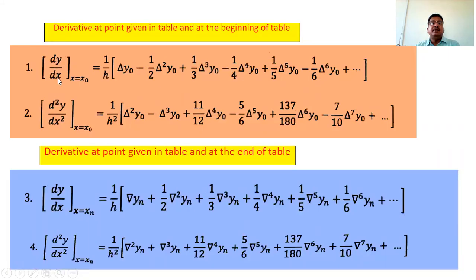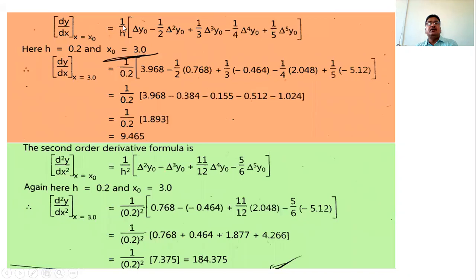Dy by dx at x equal to x naught is 1 by h times these terms, with plus and minus signs alternating, written up to delta raised to 5 y naught. So write here 1 by h [delta y naught plus 1 half delta square y naught plus 1 by 3 delta cube y naught minus 1 by 4 delta raised to 4 y naught, plus and minus terms up to delta raised to 5 y naught].